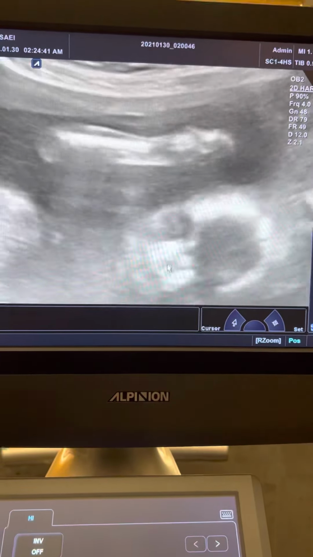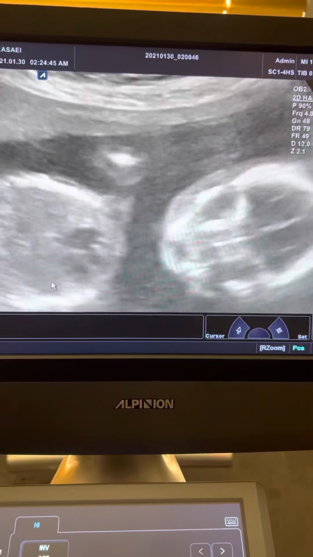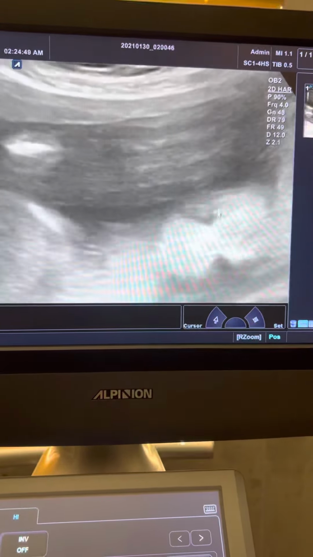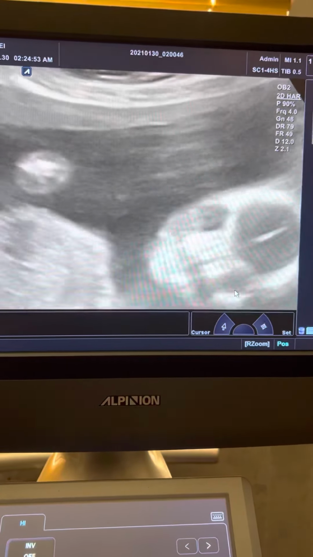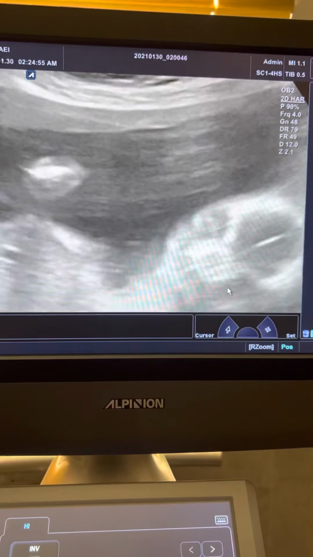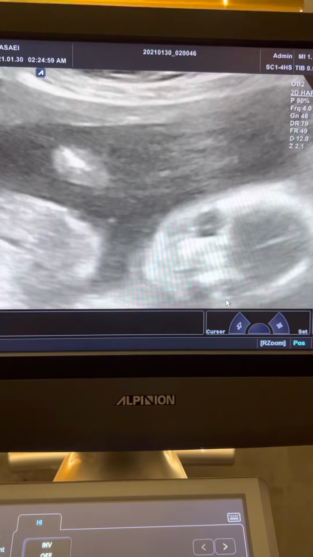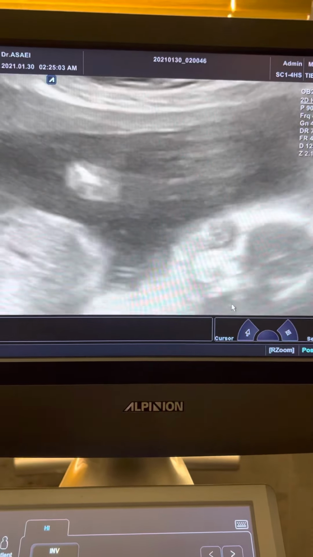Here is one eye, of course the right eye, as the stomach is here, so here is the right eye. The lips are intact. We cannot check the left eye because the position, yeah, now it's better. We can see the left eye also.